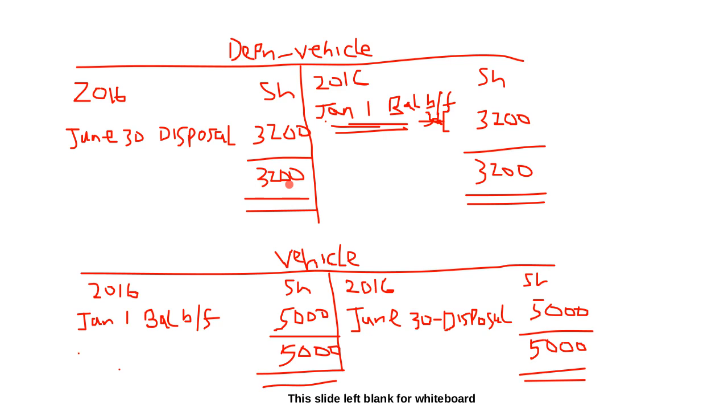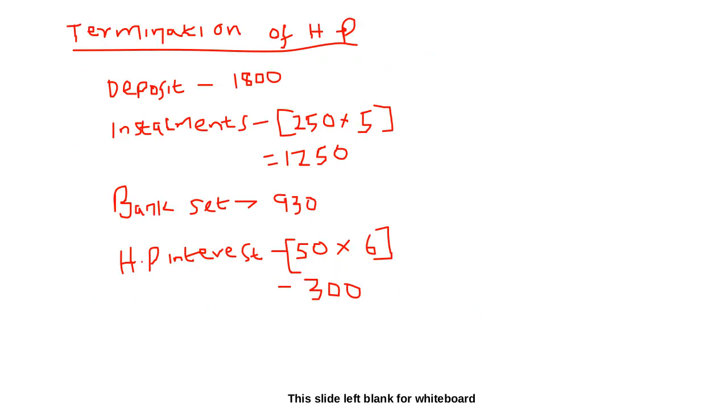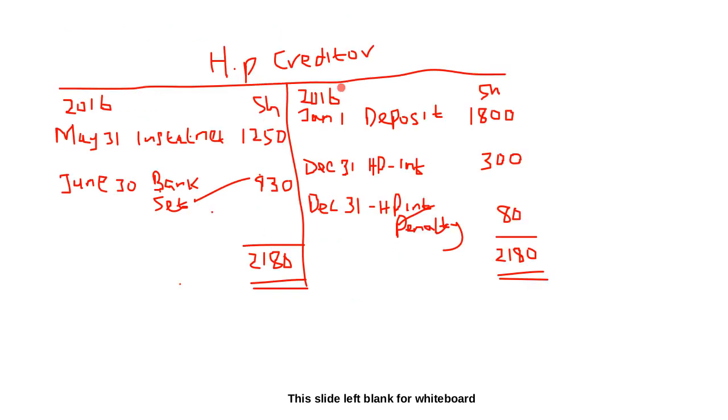Any question in our calculations, the way we have prepared it, the calculation of installments, how we've got the bank interest, and how we have prepared the hire purchase creditor's account?